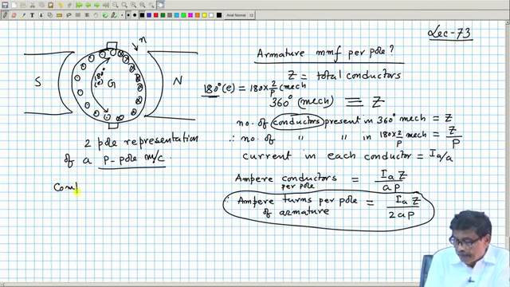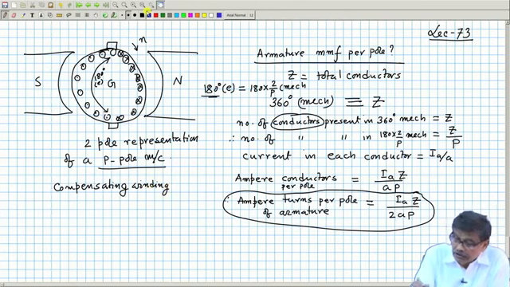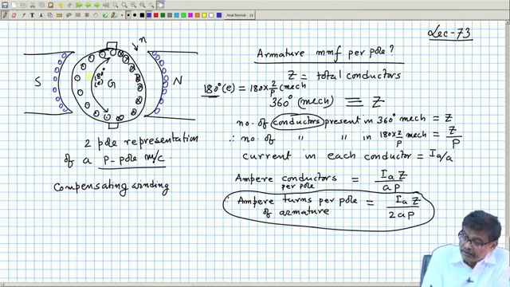These are the compensating conductors on the pole face. And I will make sure that the direction of the currents, if it is dot, I will make it cross, so that their effects will be nullified.